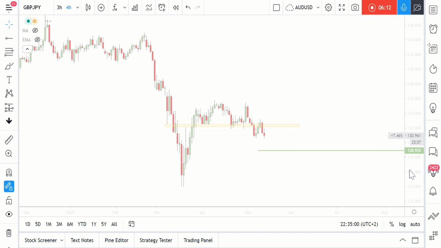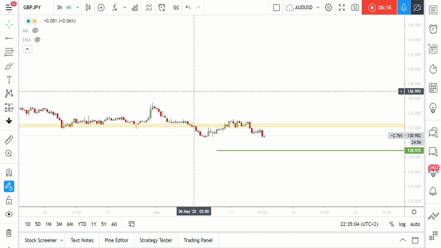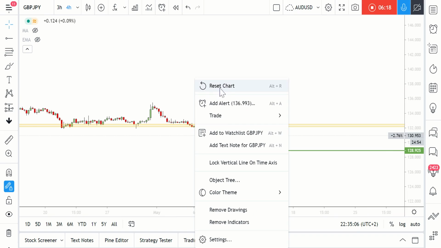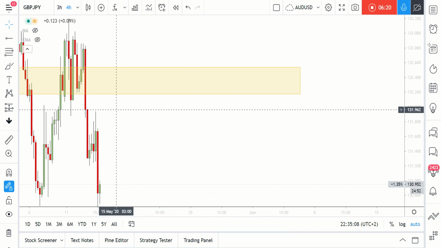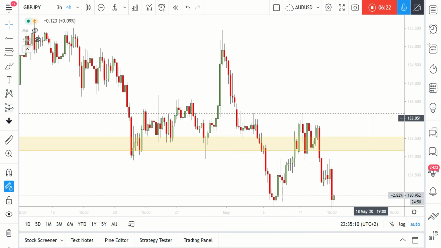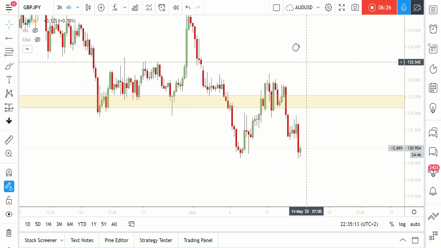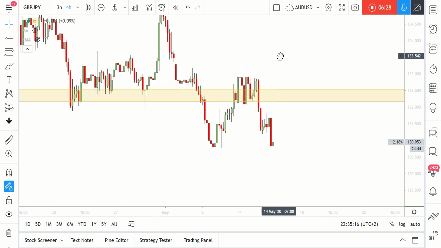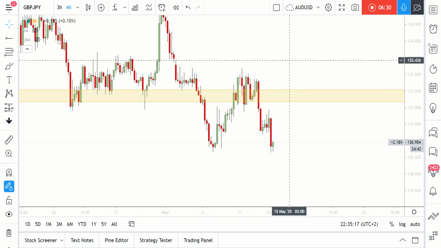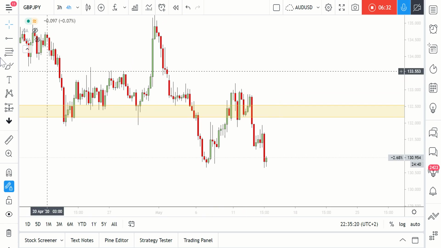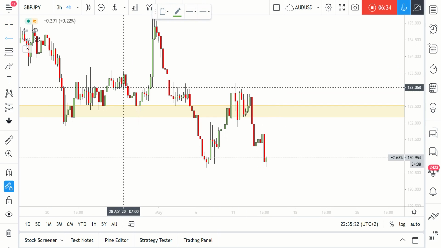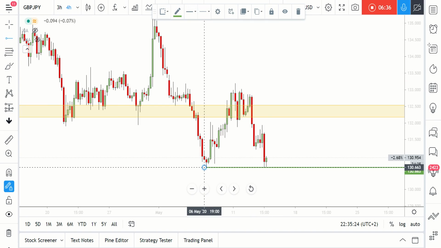So the way that I'll be looking to enter this pair is based on a 4-hourly time frame. Now GBPJPY can be very volatile at times, so if you don't have enough margin to sustain your positions, I don't recommend that you take this trade. What you can also see here is that you have this level of support.